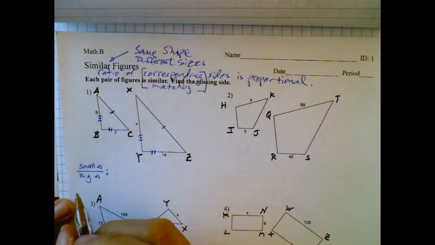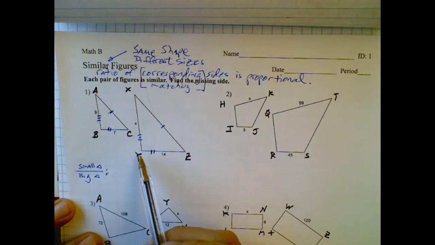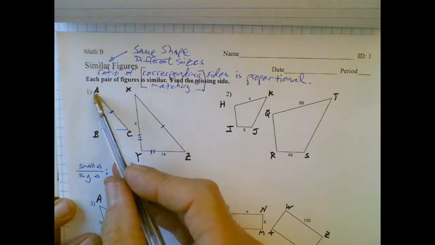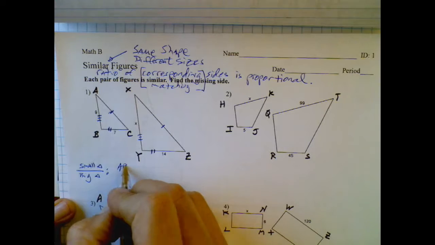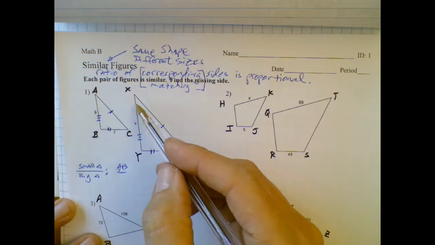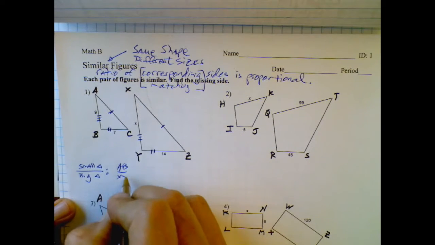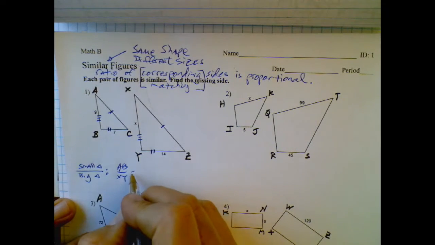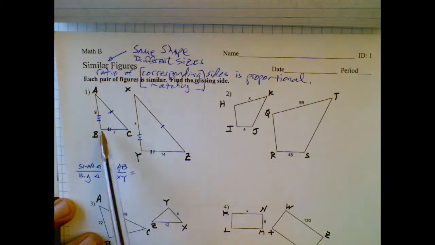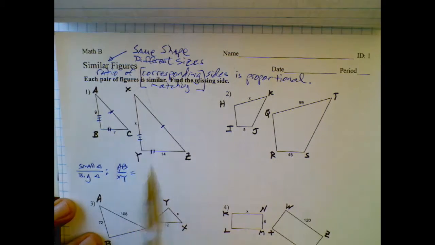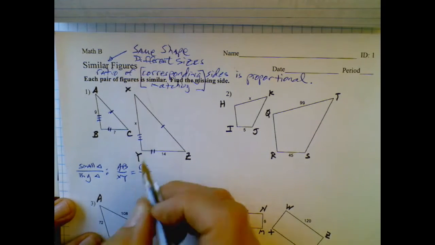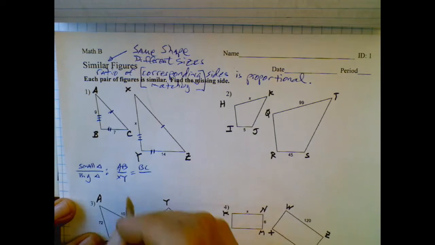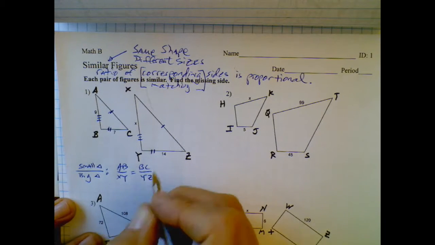So I want to match this side with this side. Well, how should I label that? Well, this side is labeled AB. That's on the small triangle. The same side on the large triangle is XY. And then I can continue this. I can see that BC on the small triangle is YZ on the large triangle.